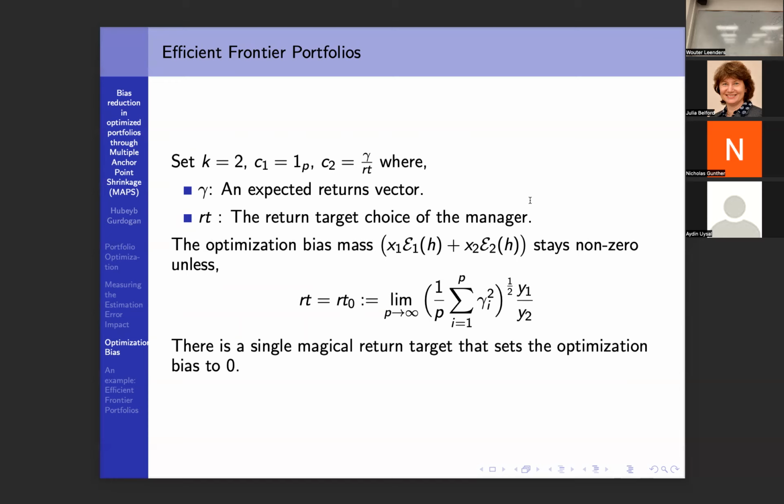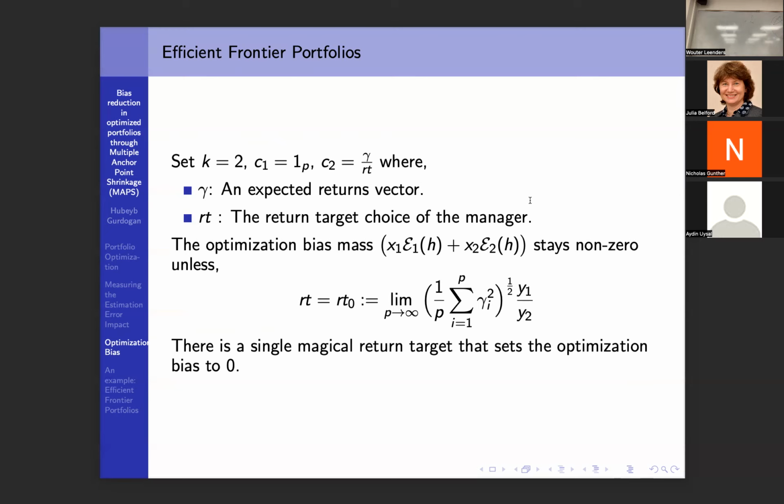So we have a single magical return target that is setting the optimization bias to 0, which is not the happiest moment. Because on the efficient frontier curve, we have a single return target that is making the optimization bias 0. That is not a big thing. We have lots of other portfolios, lots of other return targets where we can end up in trouble.